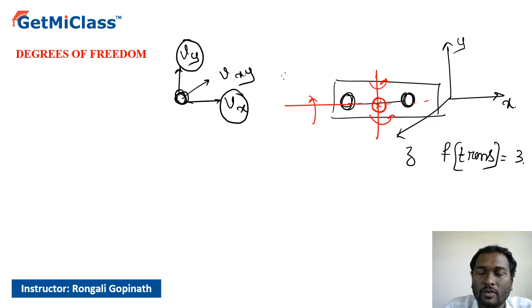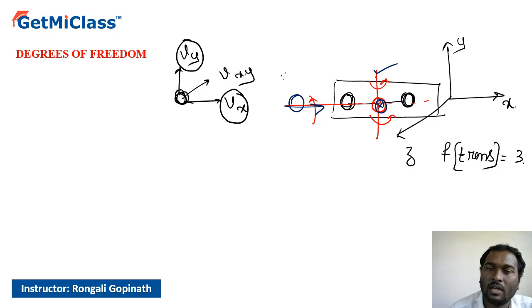But if you observe carefully, this is fine, these two axes are fine, this one and into the page, but there is a problem with this particular axis. Why? The axis is passing through the two particles, right? Since these are infinitesimally small particles, the rotational kinetic energy or the moment of inertia of these particles about this axis I1 is very small, isn't it? If moment of inertia is very small, the kinetic energy related to that moment of inertia is also very small.